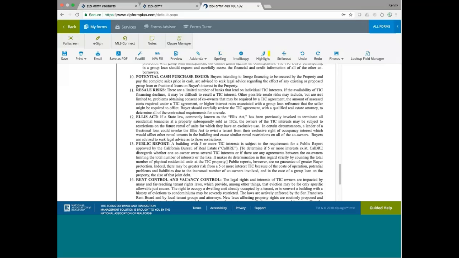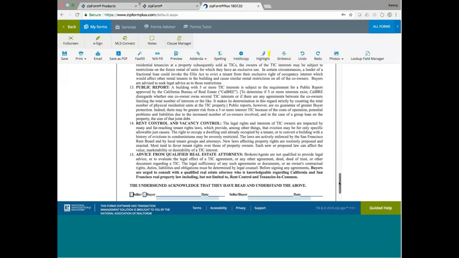Rent control and vacancy control. Something for the TIC owner to know. The legal rights and interests of TIC owners are impacted by many far-reaching tenants' rights laws. Okay? The right to occupy a dwelling unit already occupied by a tenant, or to convert a building with a history of evictions to condominiums, may be severely restricted.